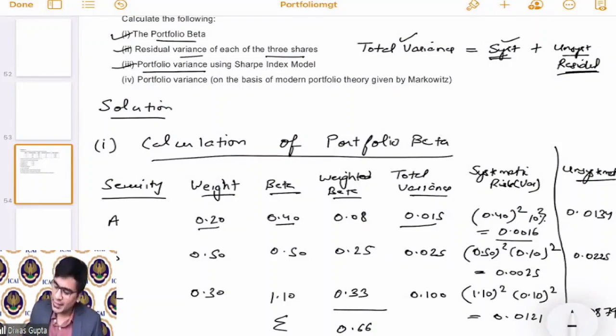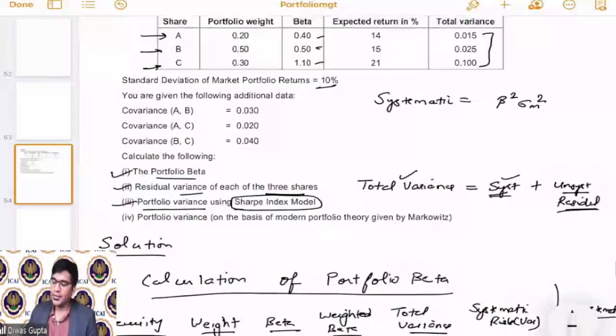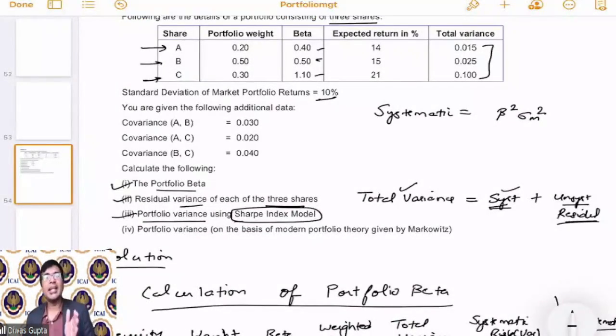So question is asking us to calculate the Sharpe's index model, because if you want to calculate through Sharpe's index model, you would need the systematic and unsystematic risk of all the securities, because that only you will multiply with the weights. Correct?